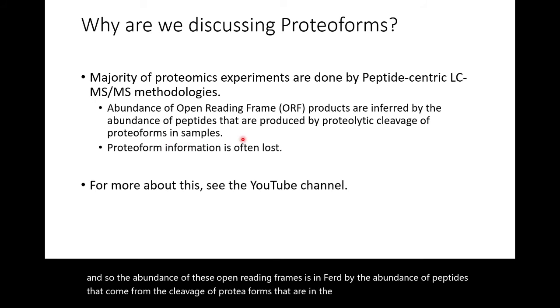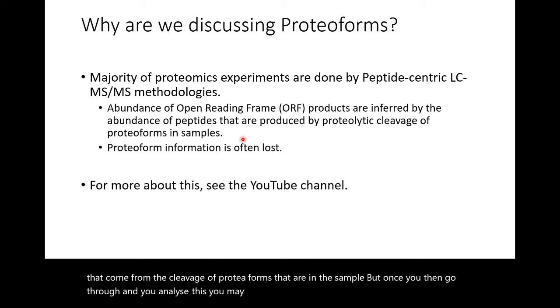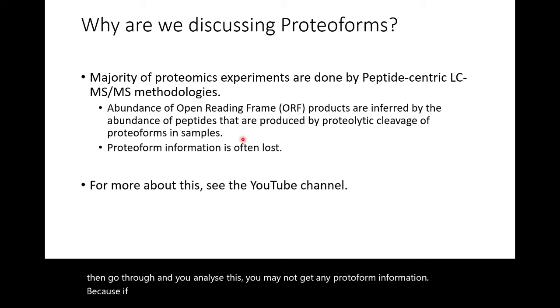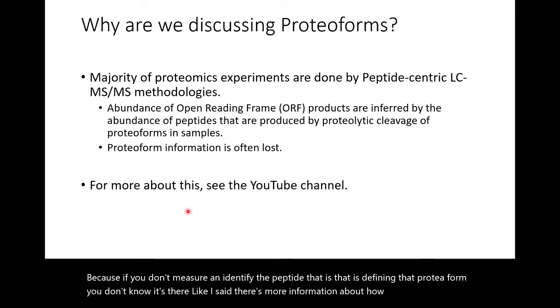But once you then go through and you analyze this, you may not get any proteoform information. Because if you don't measure and identify the peptide that is defining that proteoform, you don't know it's there. Like I said, there's more information about how this works and how you can do this on the other videos on the YouTube channel.